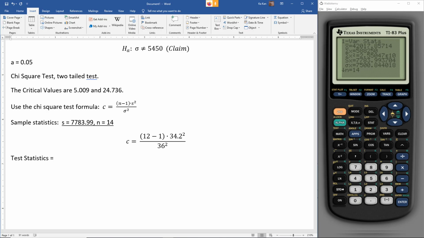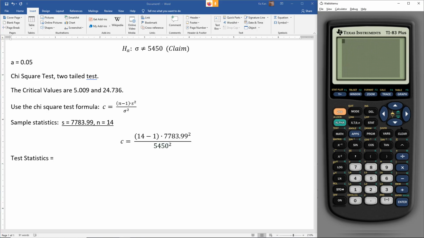So now let's plug this into the formula. So that will be 14 minus 1. The sample standard deviation is 7783.99. And the population standard deviation claimed by the people is 5450. So that's what you're going to put into a calculator.